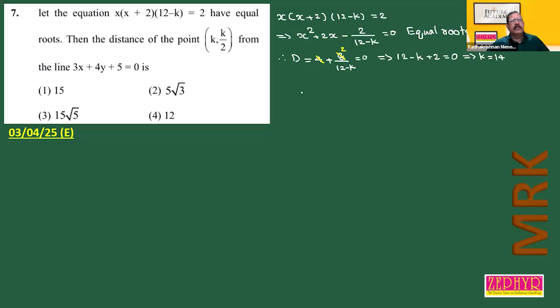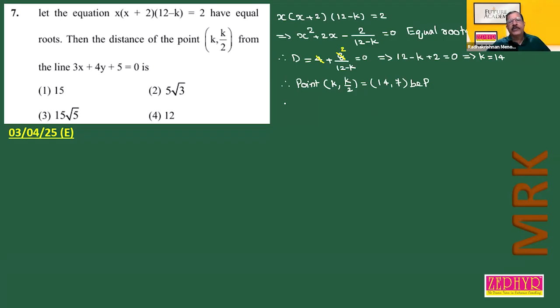Now, therefore, point k by 2 is equal to 14,7. Let that be P. Okay.